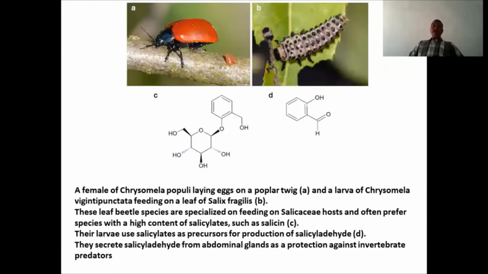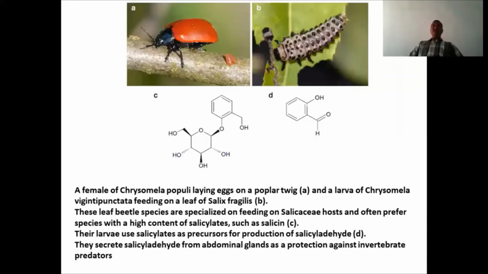The female insect lays the eggs, and now we can see that larvae are going to emerge from the eggs. These larvae are going to initiate a lot of salicylic acid in the leaf. When salicylic acid is increased, the salicylic acid converts into salicyl aldehyde that is released from the abdomen of this larva, and these salicylic compounds are going to protect the plant from invertebrate predators.